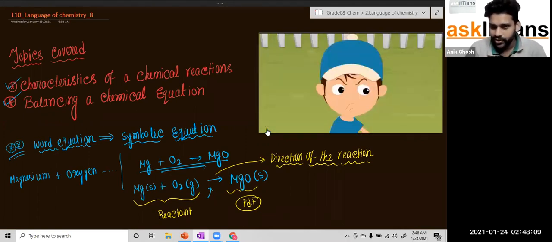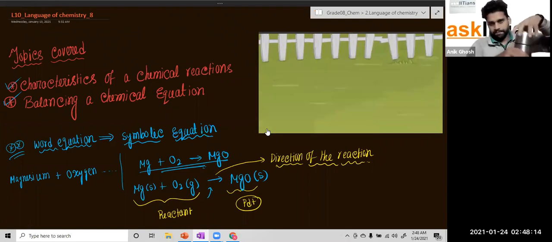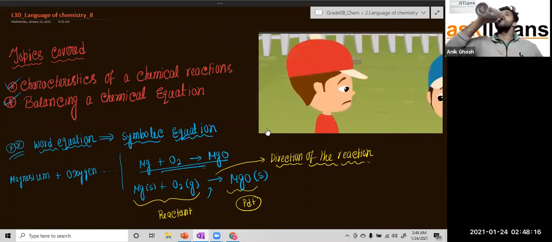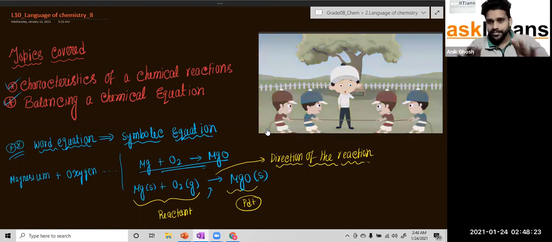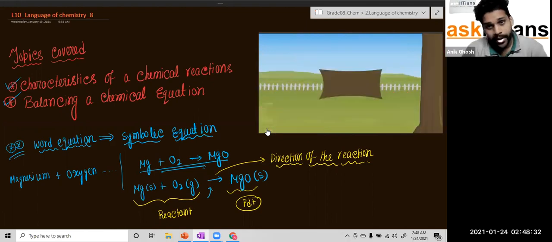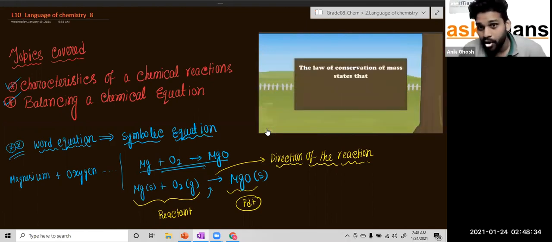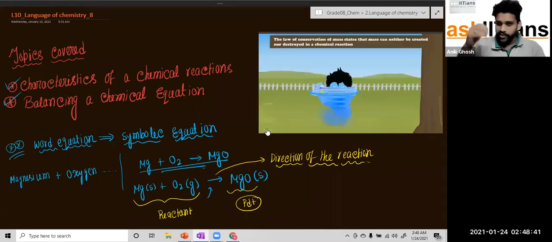So now it is balanced from both the sides. This is how you need to make the chemical equations balanced as well. The law of conservation of mass states that mass can neither be created nor be destroyed in a chemical reaction. That thing I was trying to tell you.